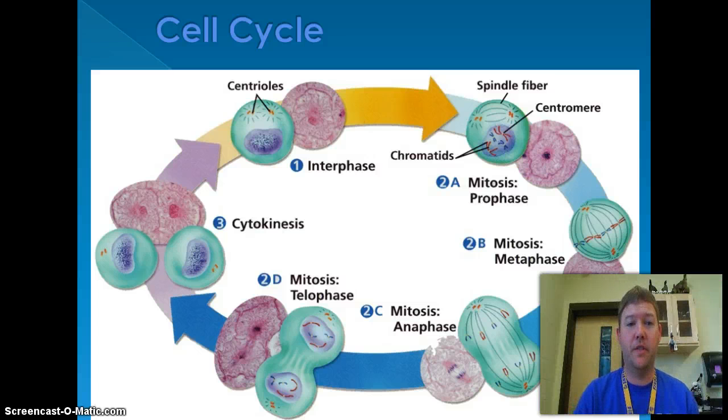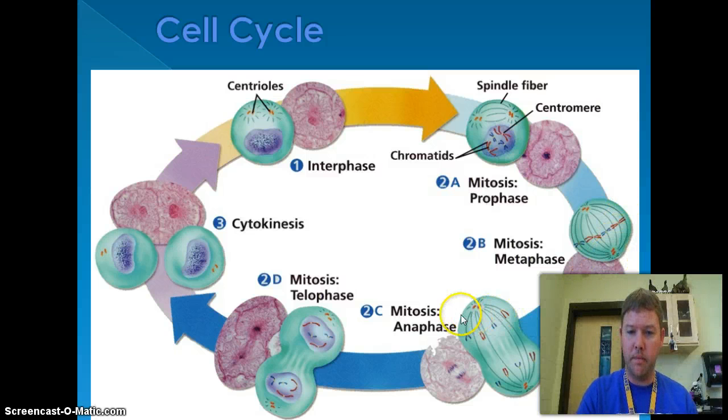All right, so here's the cell cycle in review. Our first phase is interphase. We start to see the centrioles, or the poles, start to stretch to the ends. That leads us into mitosis, prophase, where we start to see the spindle fibers form. They start to attach. And then that leads us to metaphase, where everything lines up in the center.